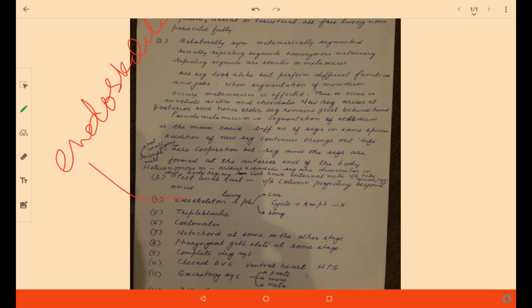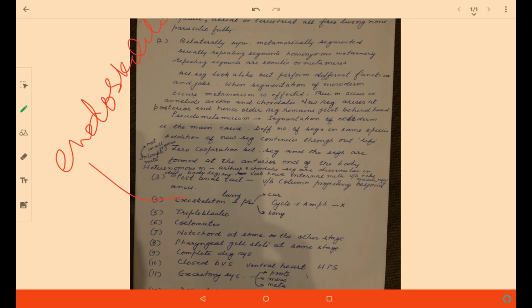One is schizocoelous, which is formed by the splitting of mesodermal bands, whereas in the enterocoelous coelom, we see that the outpocketing of mesoderm differentiated from the endoderm coalesces, these pocketings coalesce to form enterocoelous coelom.